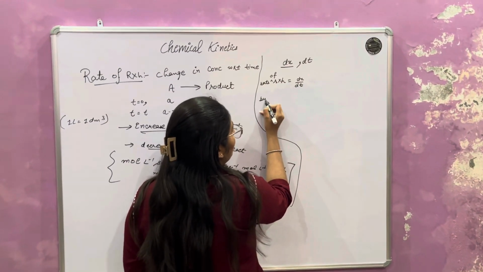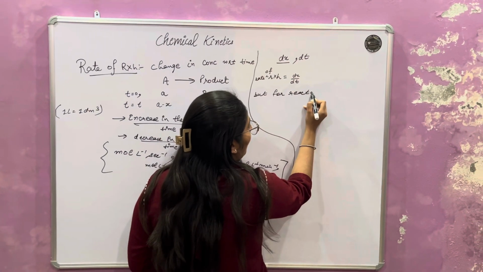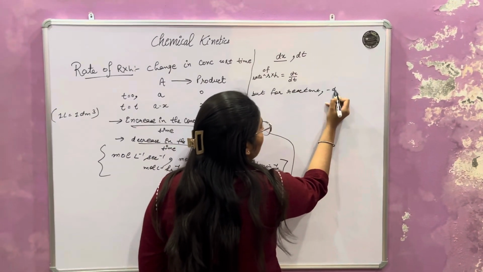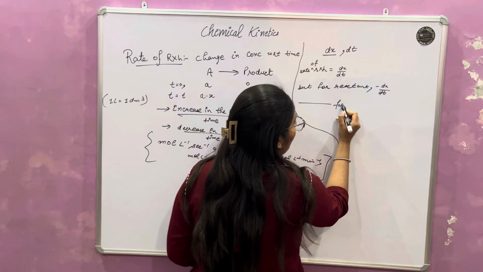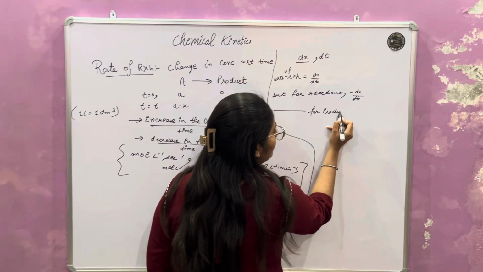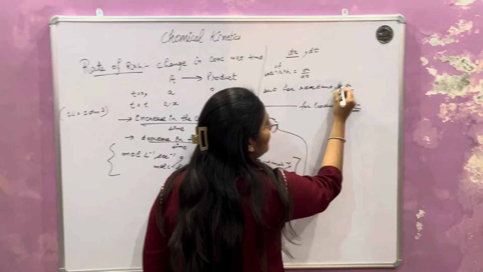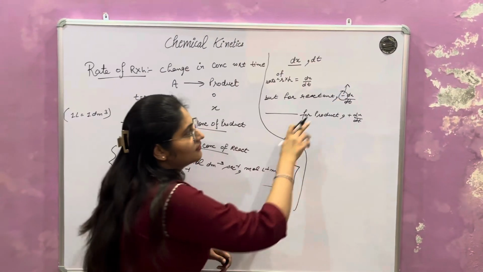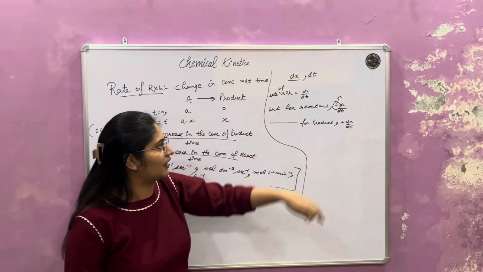But for reactant I can write minus dx by dt, and for product I can write dx by dt. So the negative sign depicts that there is a decrease in the concentration of reactant with respect to time. Okay?